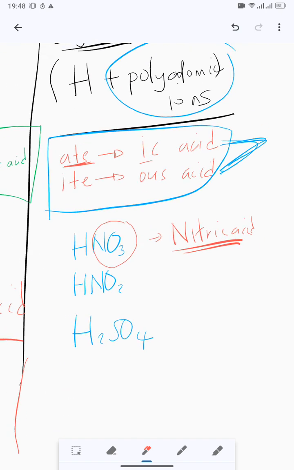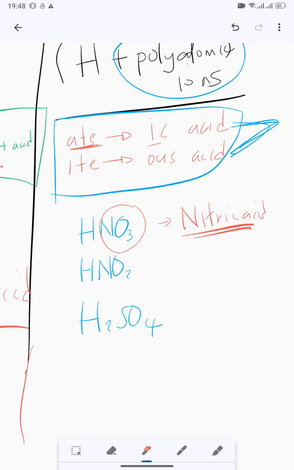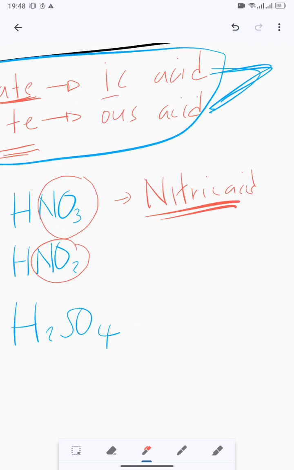How easy was that? It was easy because I know what I'm naming. Now, how will you name this one? HNO2. I can see that this is a nitrite. That means it's an ITE, so this will become nitrous acid.